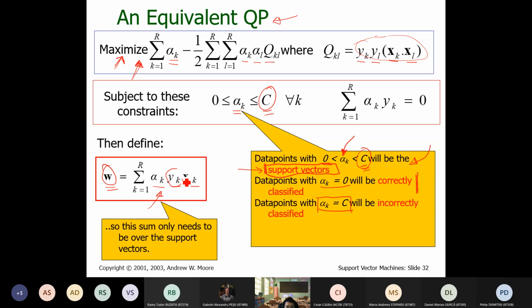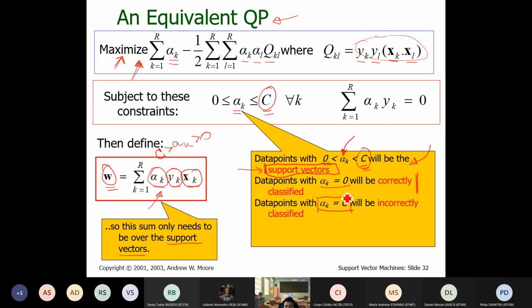Because in here we need yk, the classification of the point, and xk, the point being classified. And this summation is done only on the support vectors, so only on those points having alpha k greater than 0 but strictly smaller than C.